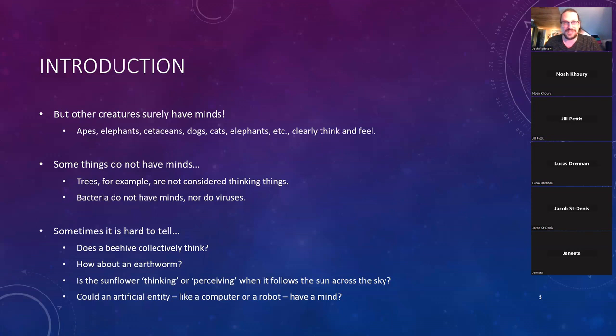A lot of creatures certainly have minds. I've got just a few examples here on the slide. Certainly our closest animal cousins, the great apes, definitely are thinking, feeling beings. Other kinds of mammals, certainly, oh, I've got elephants twice there. Whoops. Well, you can never have too many elephants. So elephants are highly intelligent, as are cetaceans. That's whales and dolphins.